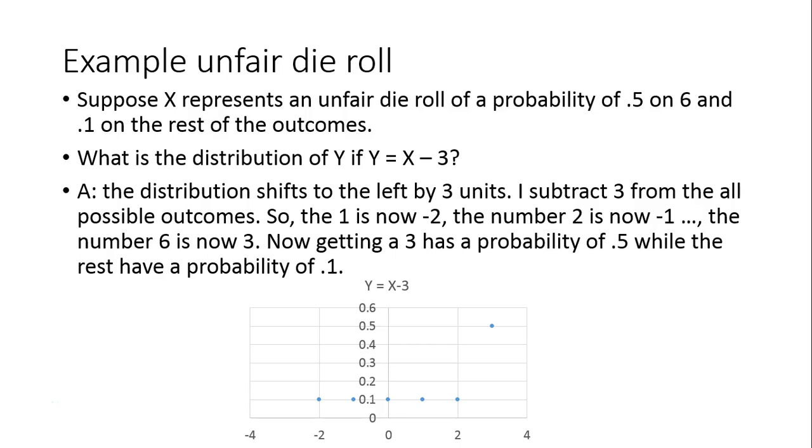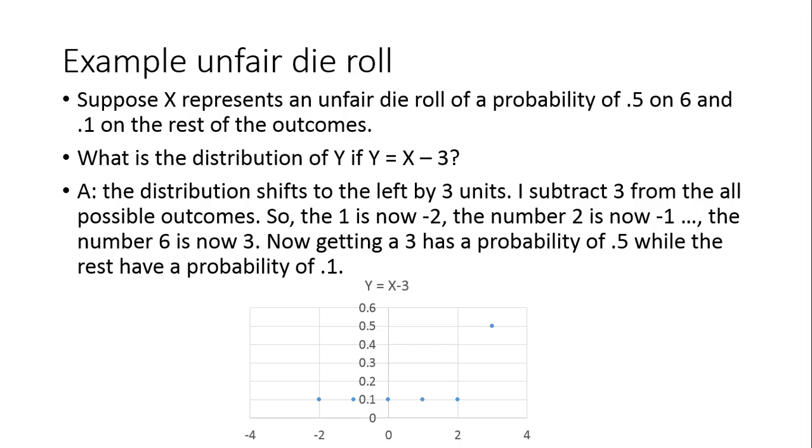Example of an unfair die roll. Suppose X represents an unfair die roll with probability 0.5 on 6 and 0.1 on the rest of the outcomes. This is the same problem that we had on the questions in the last lecture.